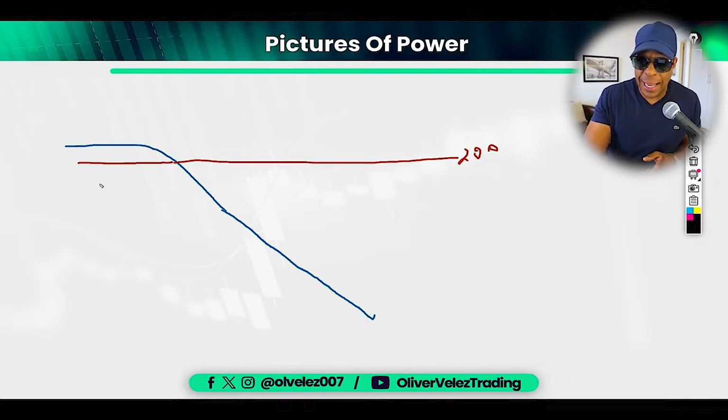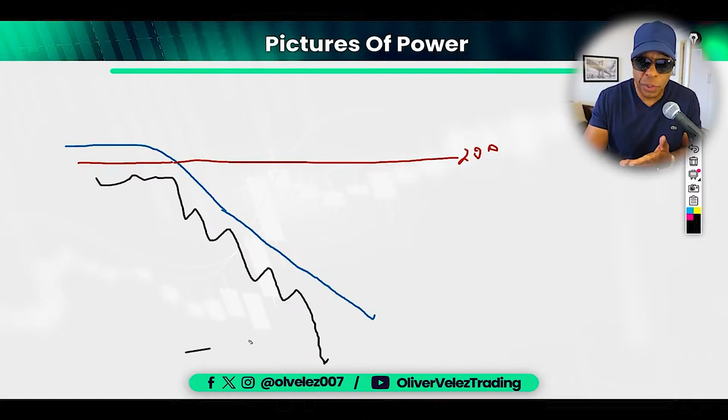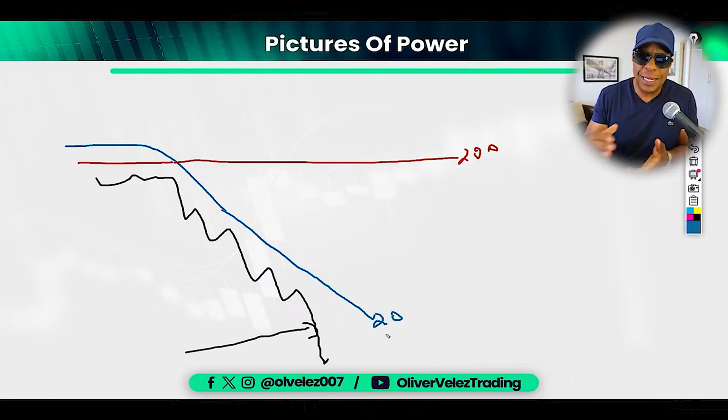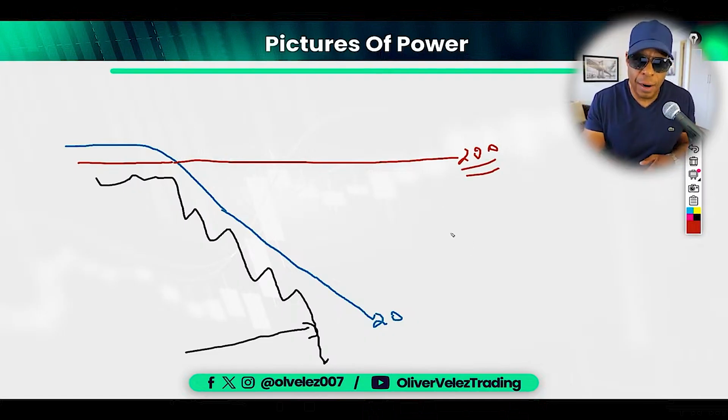So in this case, your stock is under a declining 20-period moving average. Your declining 20-period moving average is under a flattish 200-period moving average. And this is the bear picture of power.